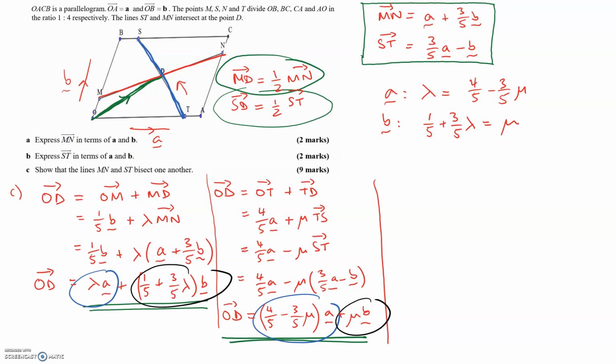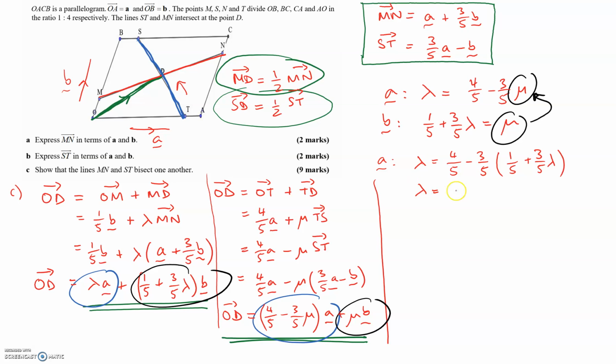What I'd want to probably do is take this mu and sub it in there. So the first equation for A, I get lambda equals 4/5 minus 3/5, and then sub in what I get for mu, which is 1/5 plus 3/5 lambda. So I've got an equation that's totally in terms of lambda.